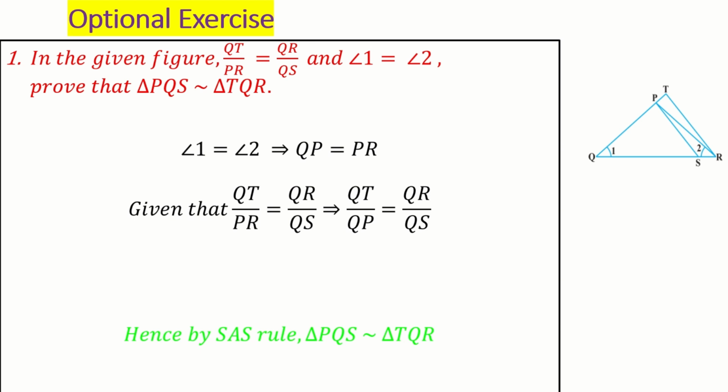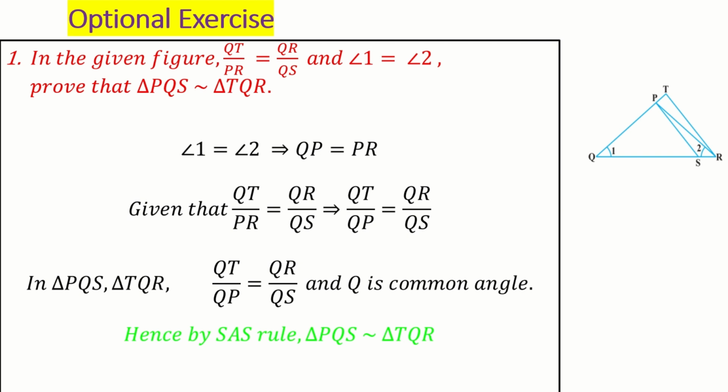So you replace PR with QP. This is what you get, which means these two triangles have angle Q as common. So by the side angle side rule, these two are similar. Okay. Very easy. You can check where PQS is exactly. PQS is here. TRQ is the bigger triangle. Okay. So check it carefully.